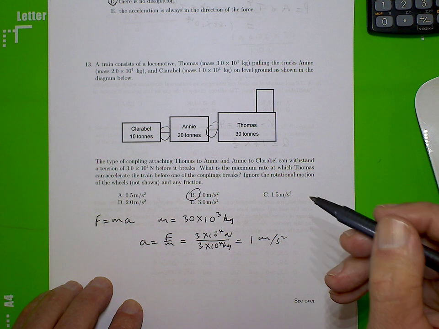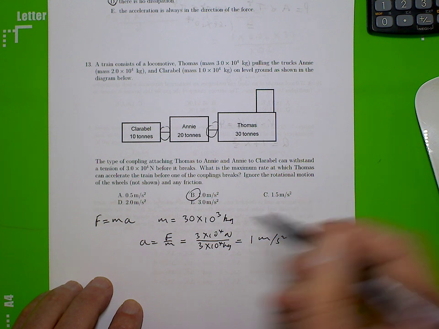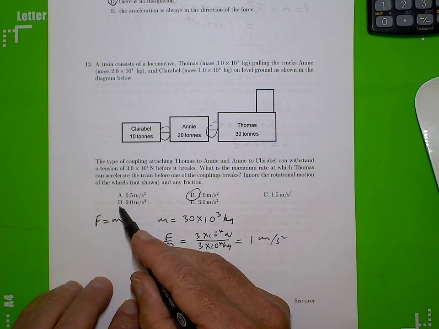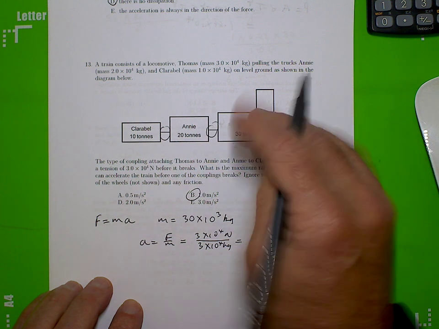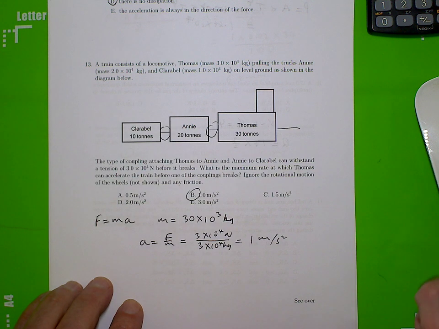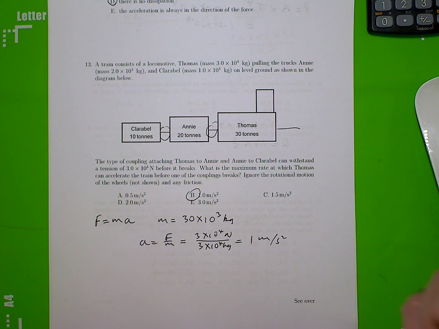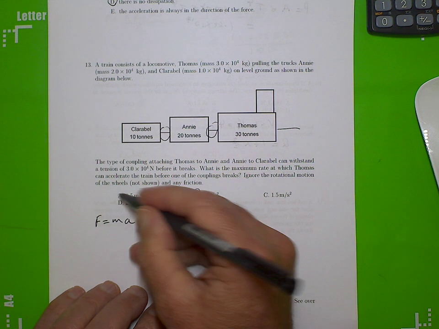You might have chosen D if you thought that there was a coupling here pulling all three, but that's not the case. No, actually, that would have been A, wouldn't it?